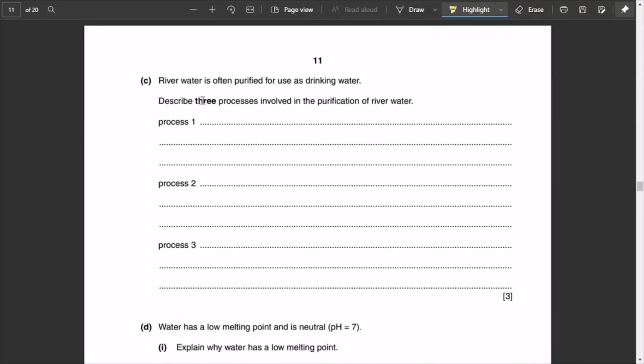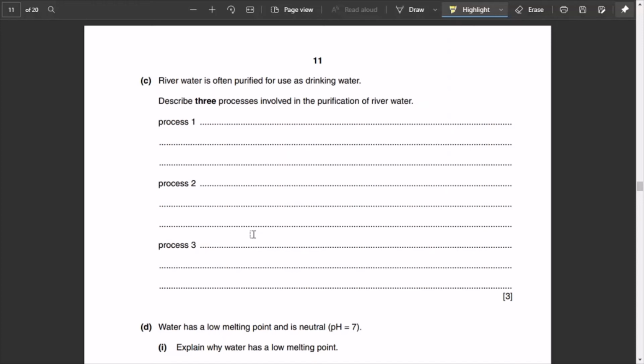Moving on to part C. River water is often purified for use as drinking water. Describe three processes involved in the purification of river water. There are so many ways that river water can be made drinkable. We need to write three processes. First of all, chlorination is important. Through chlorination, bacteria and microbes are killed, so water gets cleaner.